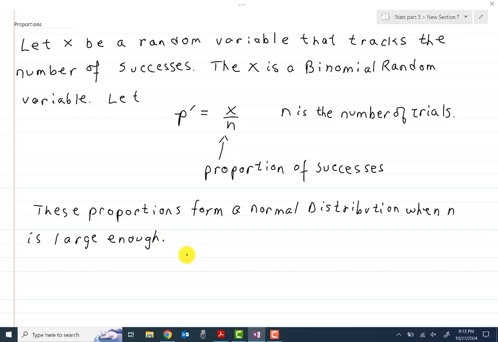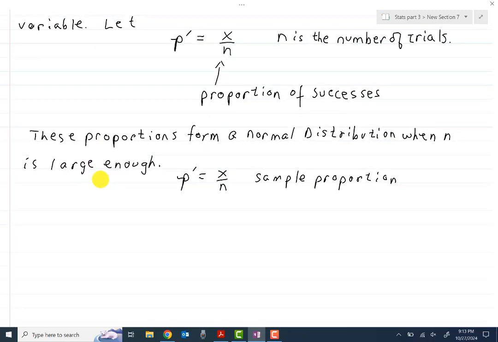So here's what we're going to have. This will be the sample proportion. And our confidence intervals will look like this.